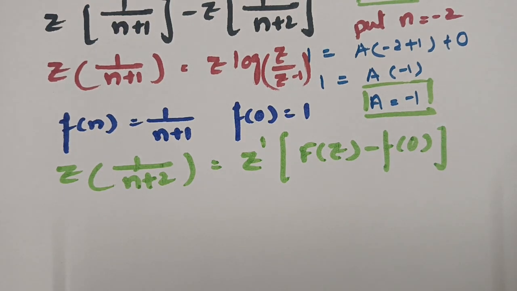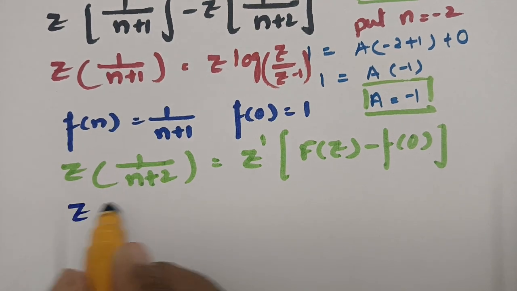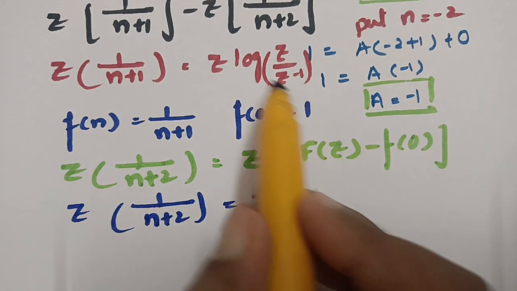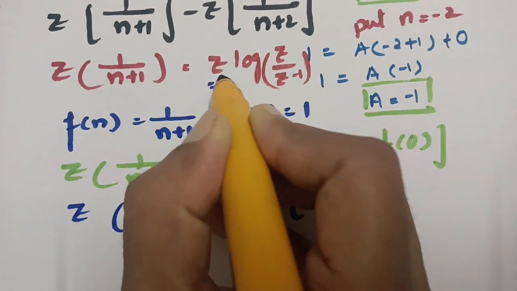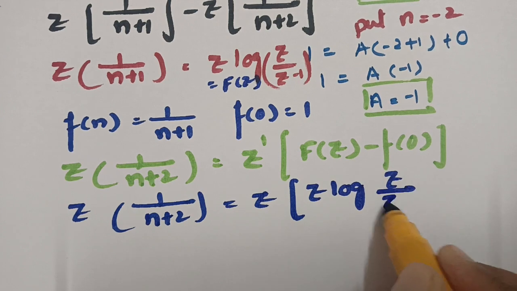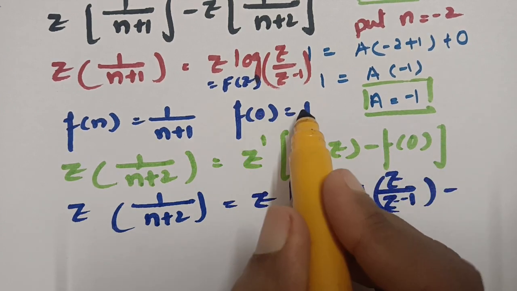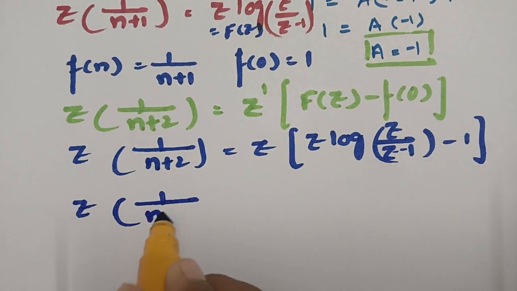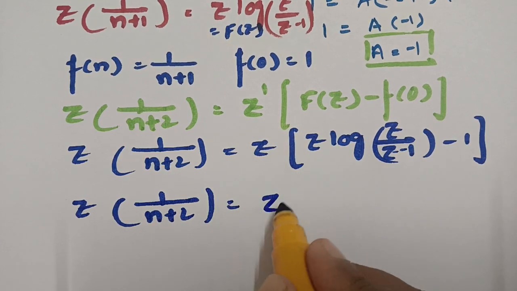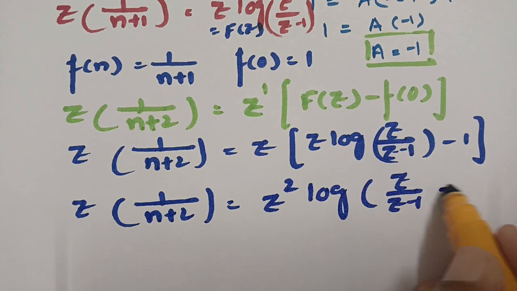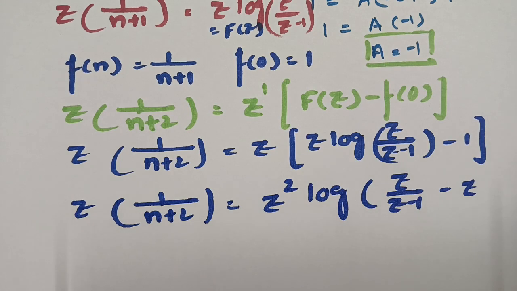If I substitute the same thing here, then the Z transform of 1 by n plus 2 is equal to Z into F of Z, that is Z log of Z by Z minus 1, minus f of 0, which is 1. So we got the Z transform of 1 by n plus 2 is equal to Z square log of Z by Z minus 1 minus Z.